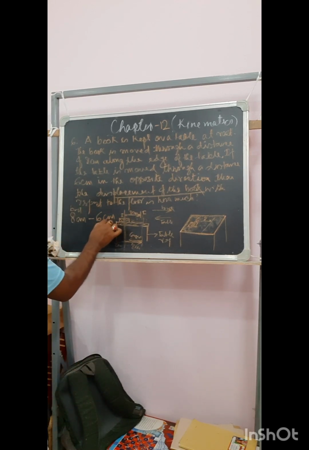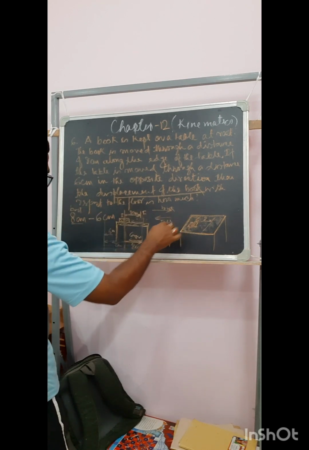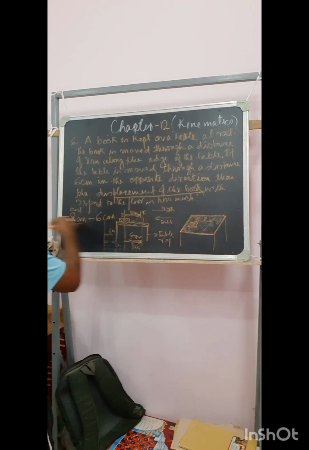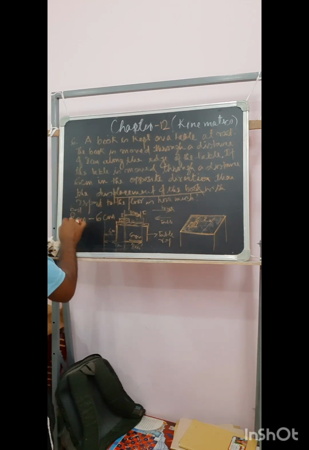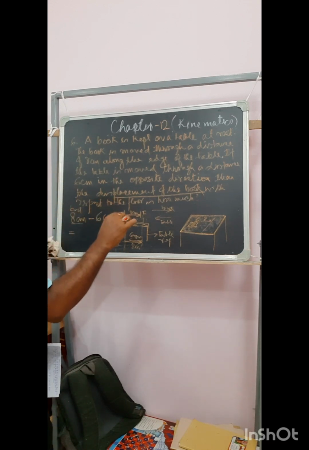So individually, if I consider the book's movement, that is 8 centimeter on the right side and 6 centimeter on the left side, which will be counted as negative, because we are considering the displacement, and displacement is nothing but the initial position to the final position.